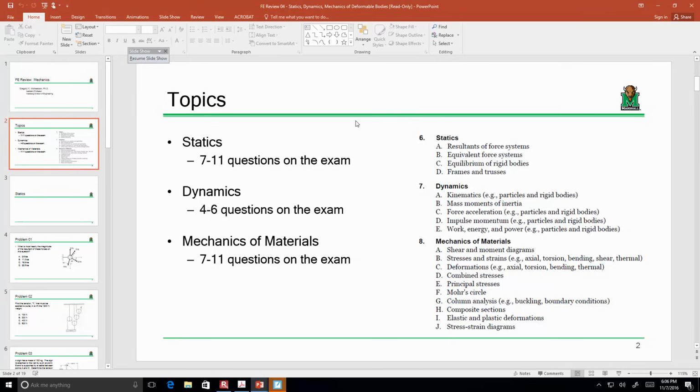One of the things about this review tonight is that I did my best not to double up on stuff I've already covered. My first session this semester, a while back, was on structural analysis, where I did shear and moment diagrams and support reactions.